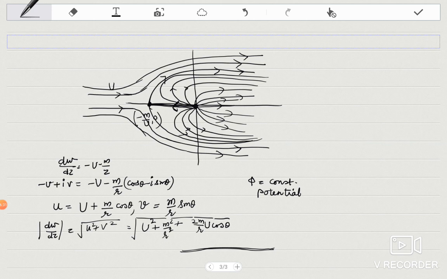For that, you find what is phi, you find what is psi, you make W, and with the help of the W, you may find the stagnation point, the velocity components, the streamlines, the potential lines, and so on. So this is all about it.